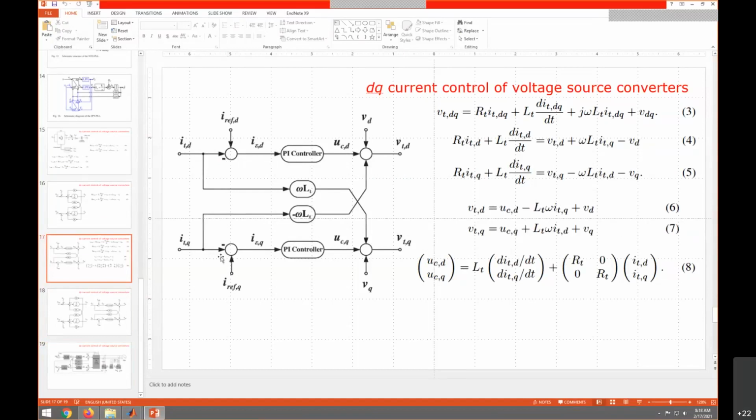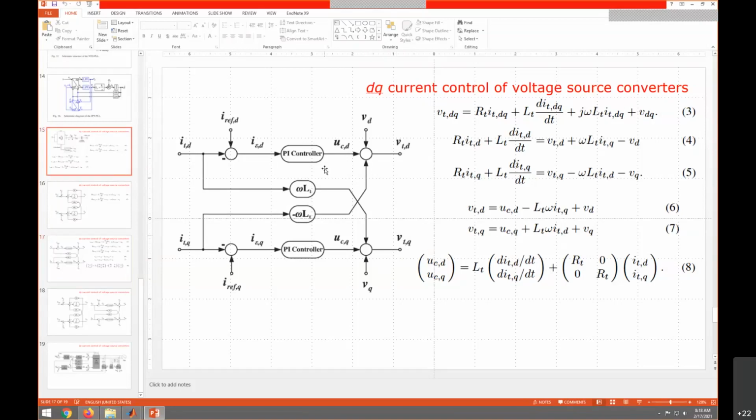Similarly, the reference currents minus actual currents go into the PI controller in the Q axis, and we need to use decoupled control. So for VD, we subtract the IQ component to decouple this. Similarly, we subtract the ID component here, and these will be the modulating signals. VTD and VTQ are the modulating signals in the DQ reference frame.